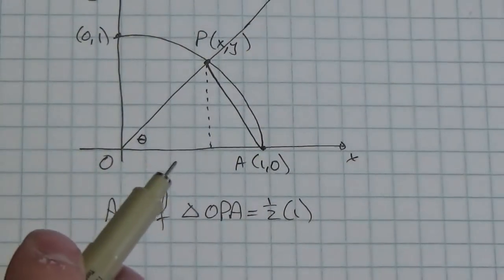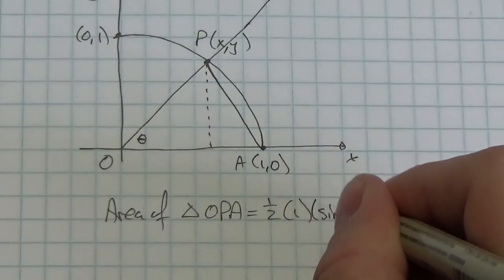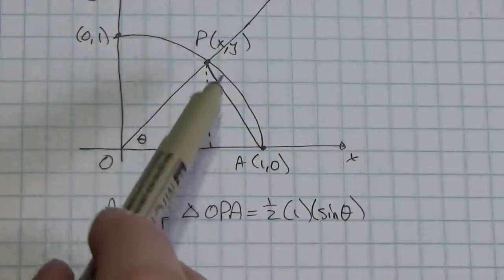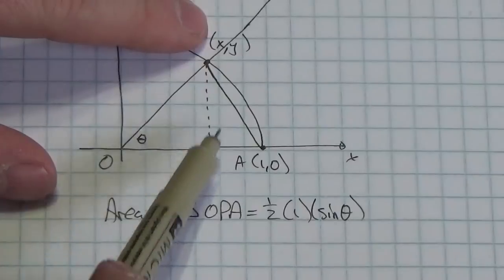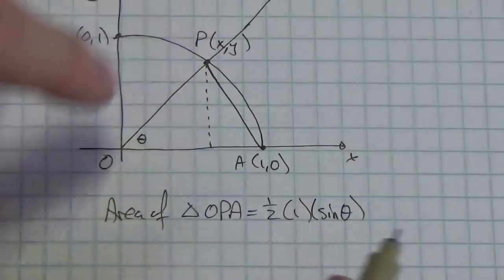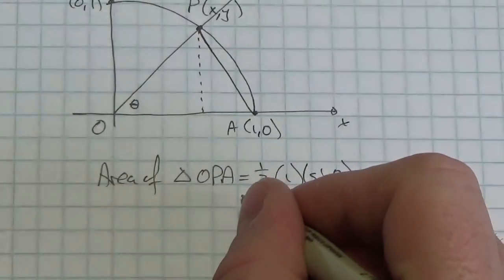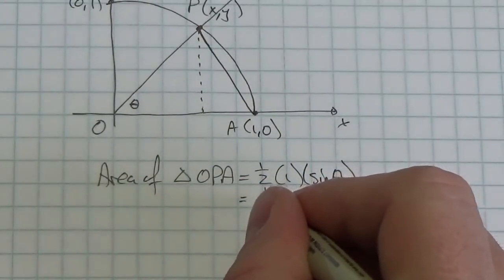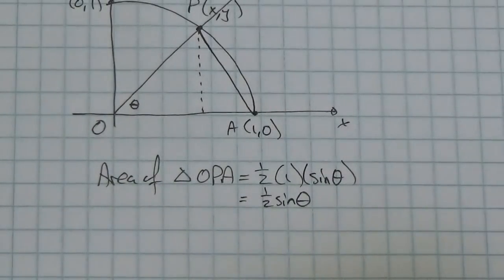And because this is on the unit circle, that is going to be the sine of theta. Because remember, the x coordinate is the cosine of theta, and the y coordinate is the sine of theta. So basically, the area of this triangle right there is going to be 1/2 sine theta. That's a good start.